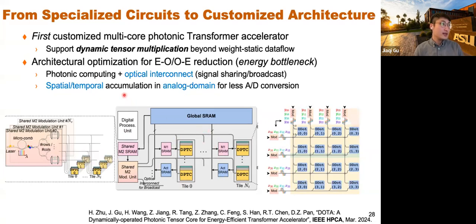And we fully utilize the analog computing property. We do more computation in the spatial domain and in the temporal domain for partial product accumulation, so we can significantly reduce the frequency of AD conversion. Then the ADC is no longer the bottleneck for the entire system. So we resolve the data movement through interconnect and resolve the AD conversion through temporal integration and analog accumulation.